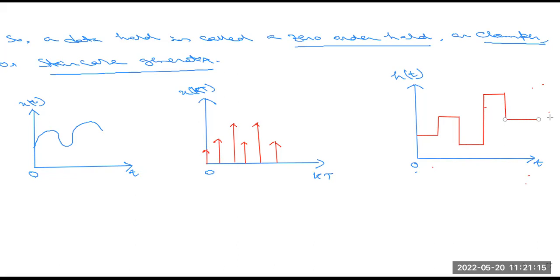So this process, okay. So this is basically called the staircase function or staircase generator or clamper or zero order hold circuit.